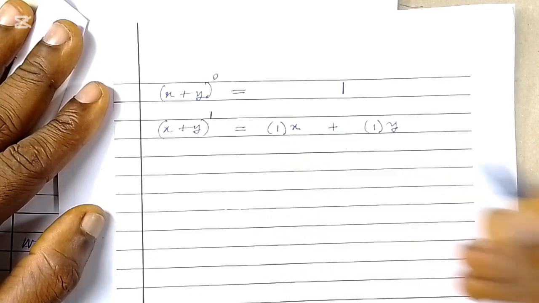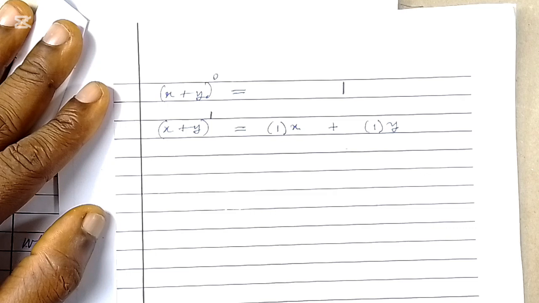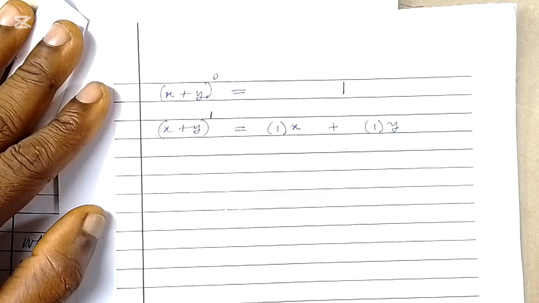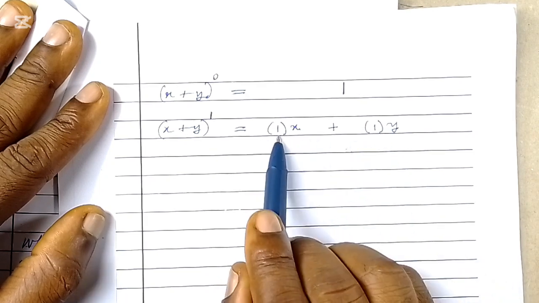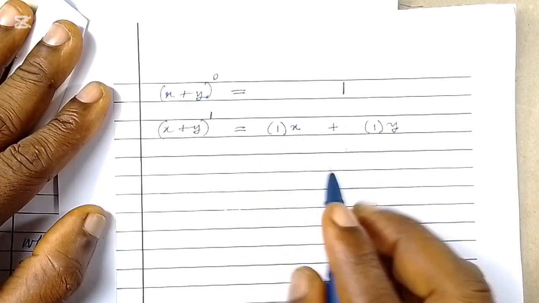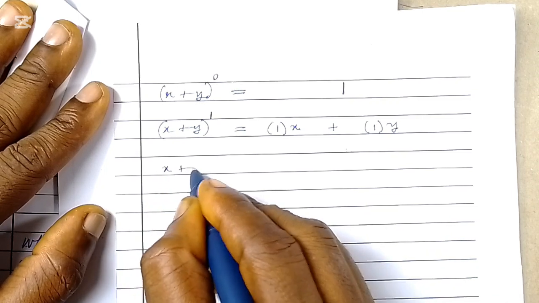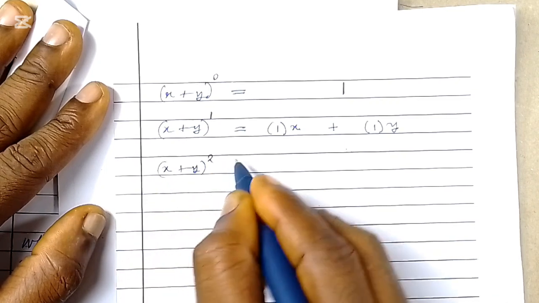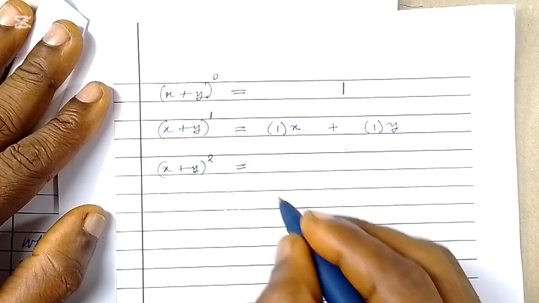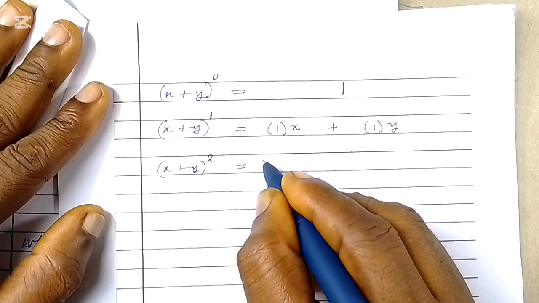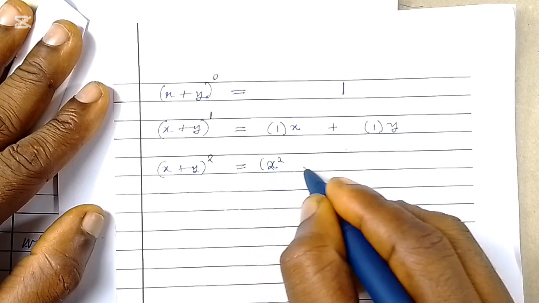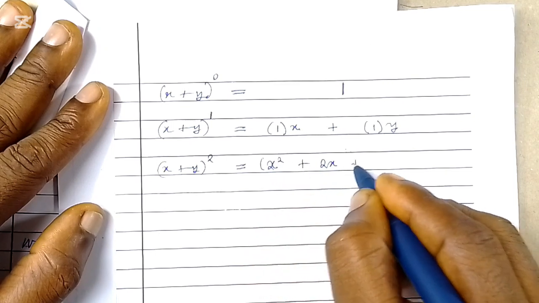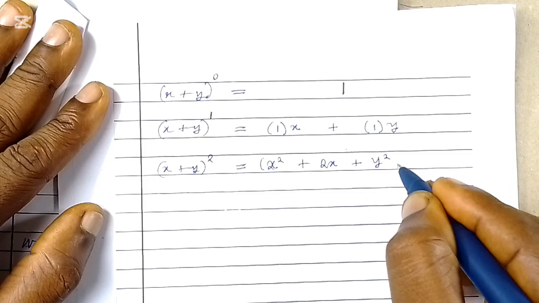That is what you would get, because x plus y raised to the power 1 returns x plus y according to indices, and the coefficients of x and y in that expansion will be respectively 1 and 1. If you proceed again to x plus y raised to the power 2, you would end up having this expansion: x squared plus 2xy plus y squared.